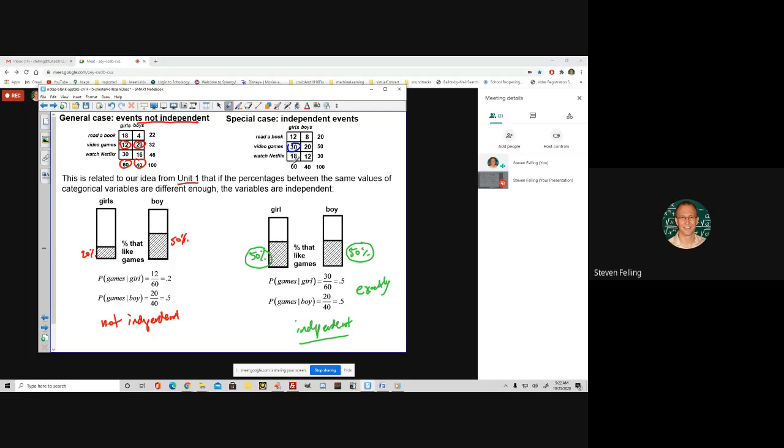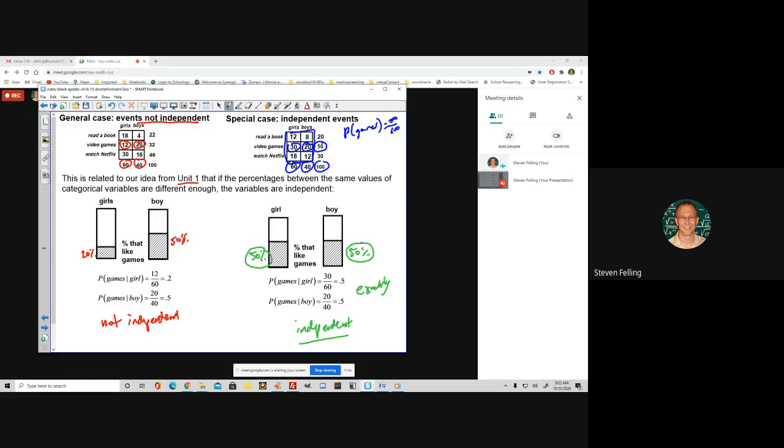So this was 30 out of 60, 20 out of 40. The probability of just liking games, period, means you don't consider the condition at all. You just consider the entire table. Well, that's these numbers out of here, 50 out of 100. And so the third way to compute the probability of games is just to ignore the gender completely and just find the probability of games players for the entire table, 50 out of 100.